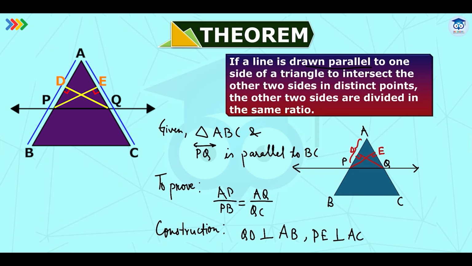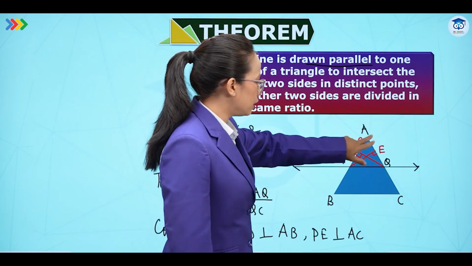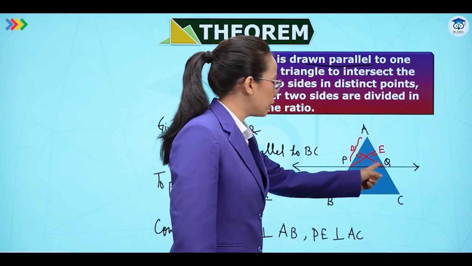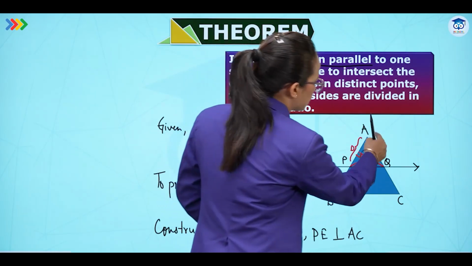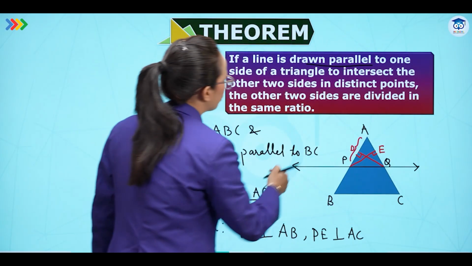Now after this, we are going to find the area of the triangle. We have the area of this triangle using this base and height, which we will write.